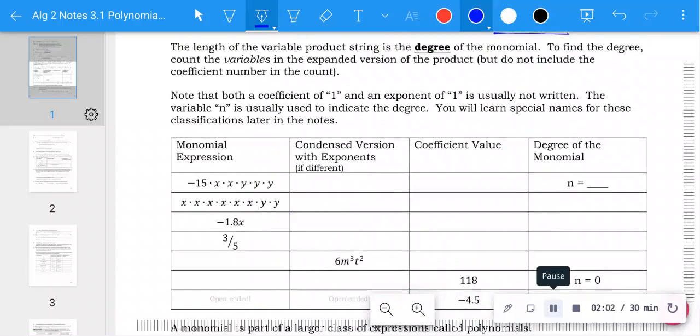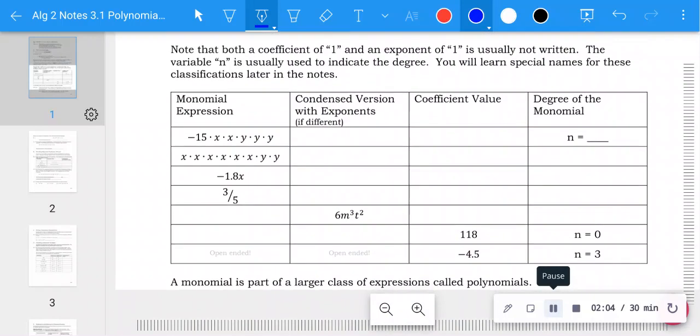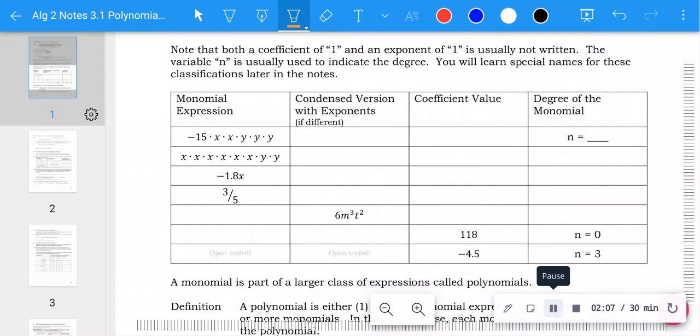All right, so let me give you some examples of monomial expressions. You'll see this first one here: negative 15 times, indicated with a dot, x times y times y times y. Usually we write this in a more condensed version using exponents. So negative 15 x to the second power times y to the third power. The coefficient is that front number, the known number, so the coefficient is negative 15.